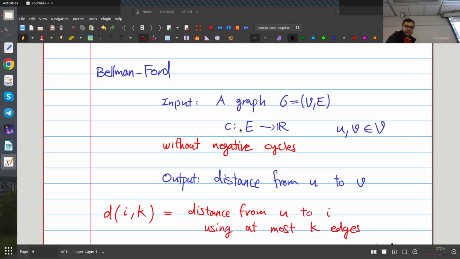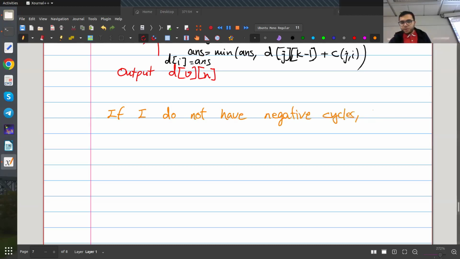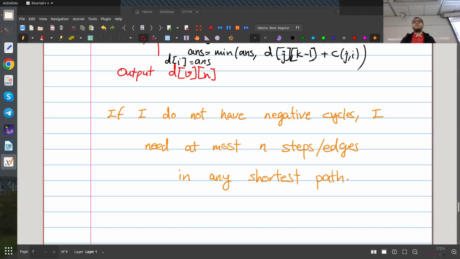How can it be used to find negative cycles? Basically, if I do not have negative cycles, then I need at most n steps, or edges, in any shortest path. But remember that when I talk about shortest path, I'm talking about the total cost or total weight of the path, not the number of edges.